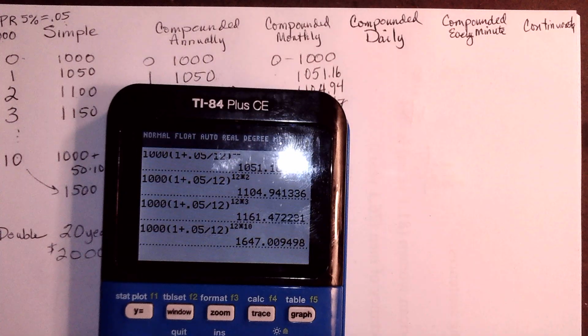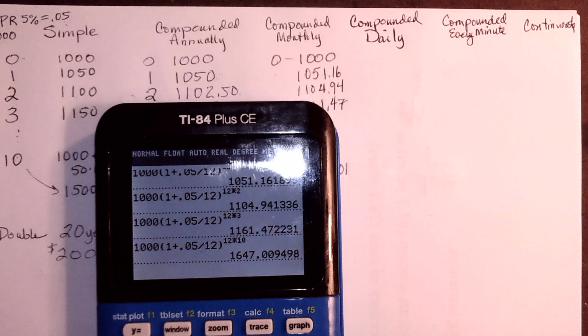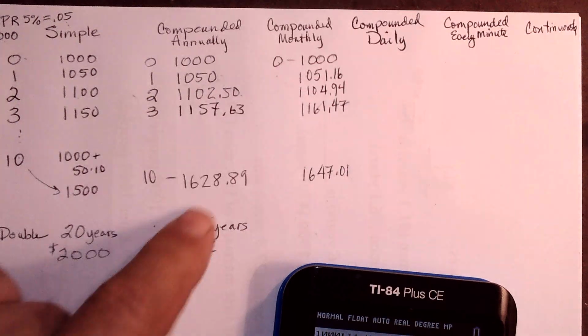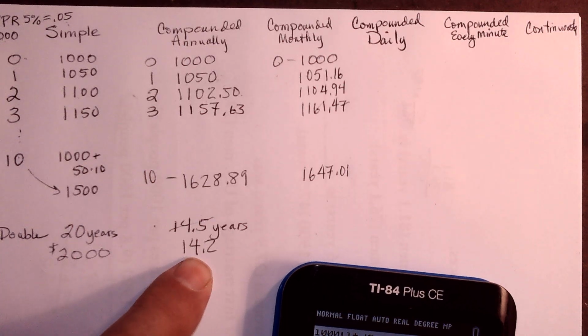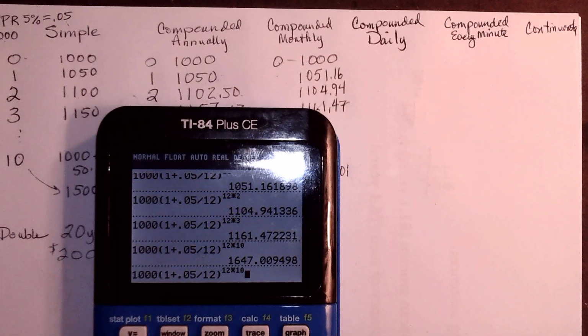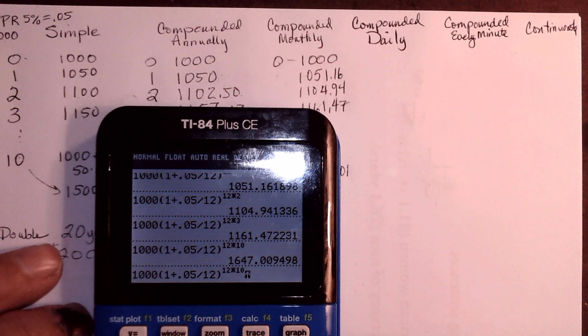So when does it double? Well, it's not that much more, but it is a little bit more, so it's probably going to take a little bit less. Let's see if it would do it in 14 years.